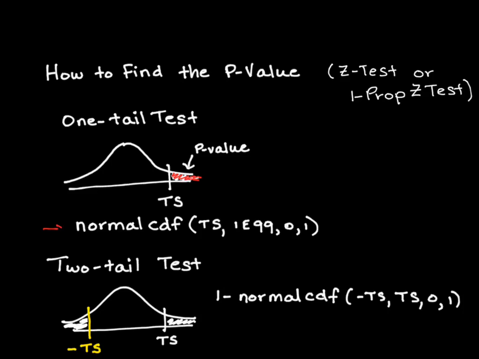While I can use the normal CDF function here, and I would use tCDF for the t distribution in the calculator, I don't really need to do that because the calculator is going to find the p-value for you. So when we do our z-test or one-prop z-test, in theory we could use normal CDF, but we're not going to do that. We're just going to have the calculator find the p-value for us.